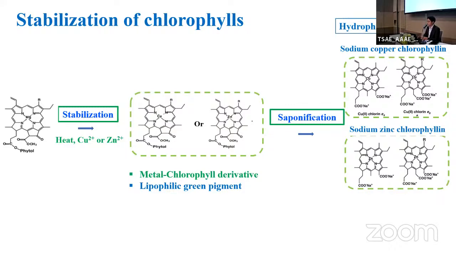Normally, copper or zinc are used in chlorophyll stabilization. Moreover, native and stabilized pigments are water insoluble. Water soluble pigment can be produced by introducing sodium to the pigments. The produced water soluble pigment is called sodium copper or zinc chlorophyllin.